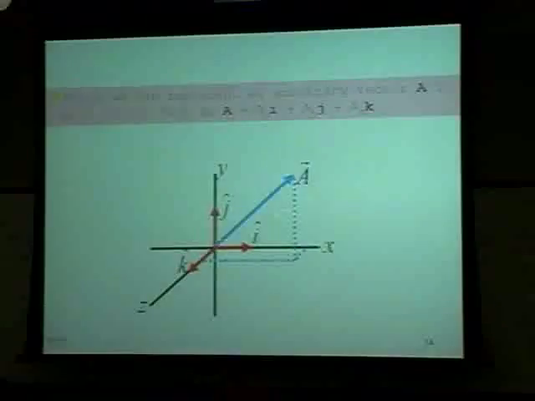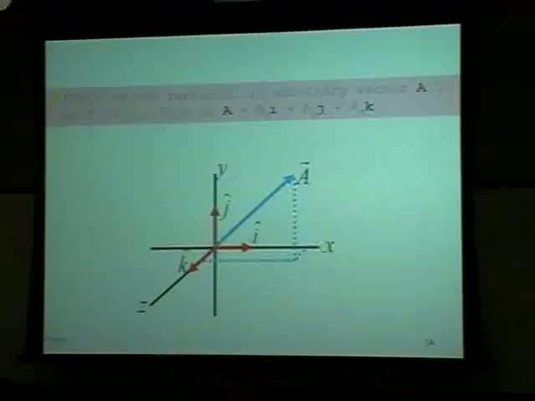So if I had an arbitrary vector A in 3 dimensions, I could say it's the sum of 3 component vectors in the x, y, and z directions: something times i, plus something times j, plus something times k.